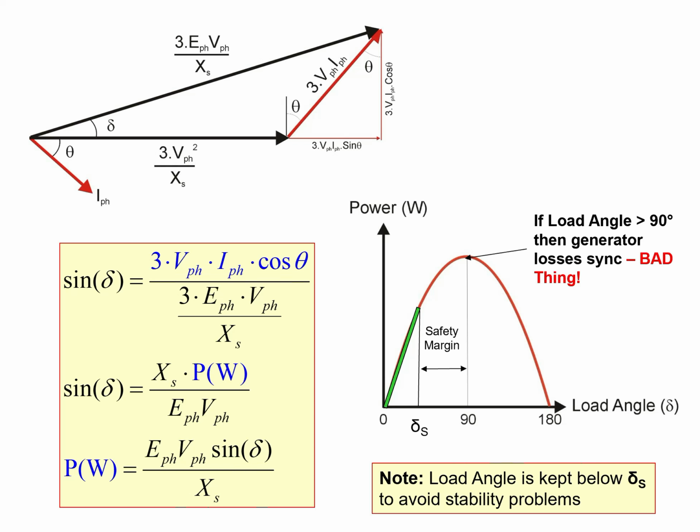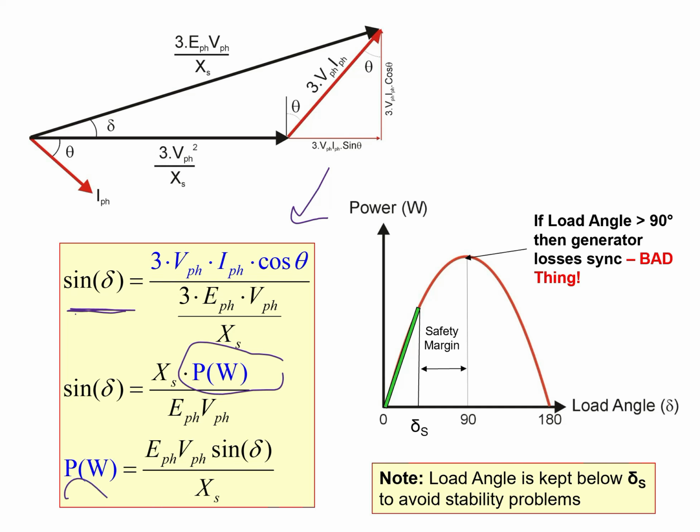Now let us play around with some variables. So we can see that the sine of the load angle can be given by this formula. And if we rearrange the formula, we will get it in terms of the real power.